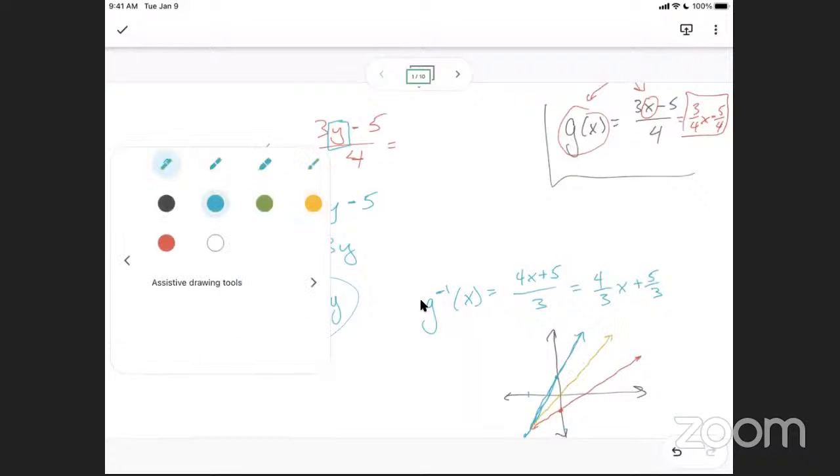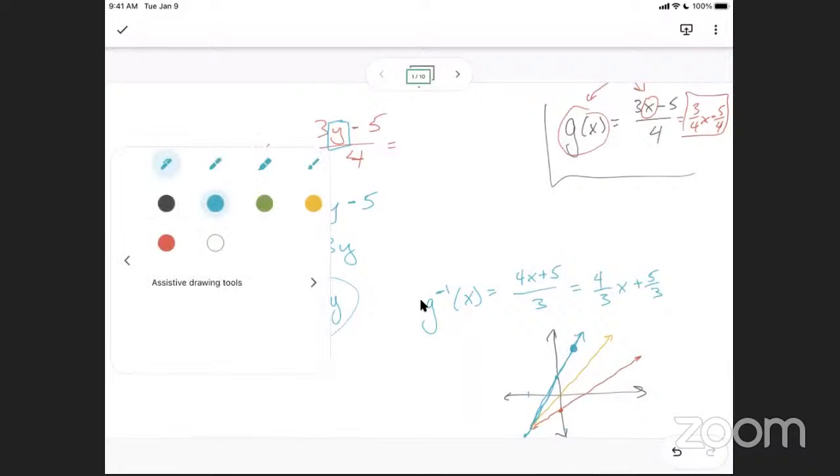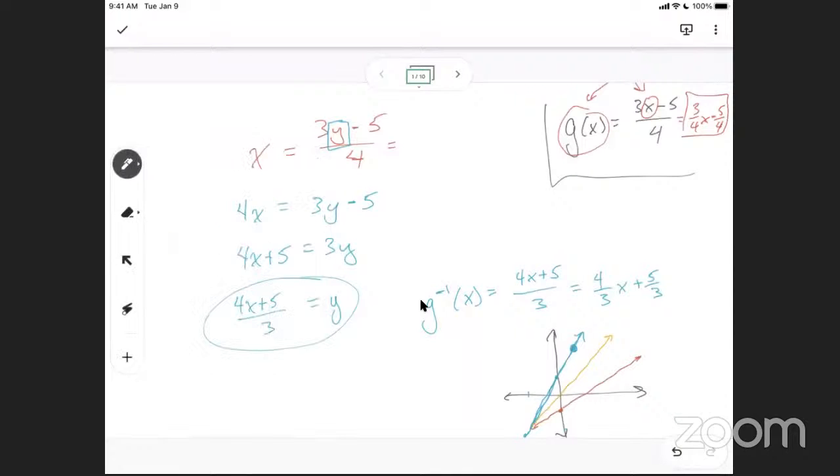So every point here, what it means to be a reflection, if you go straight down to the line and then straight over, that point would be reflected to right there. So if you had the point, for example, let's put a nice point in here. 3, well, that's not going to be a nice point.